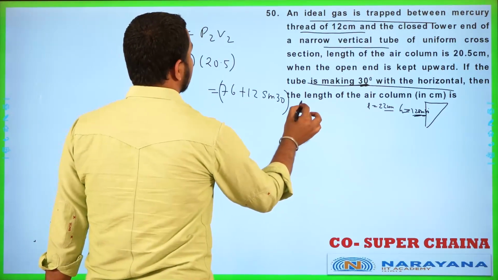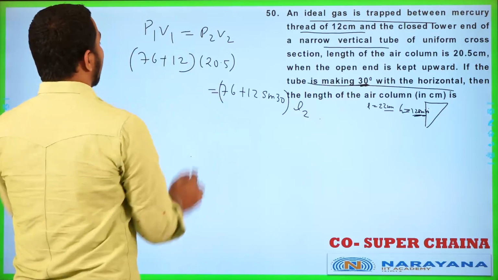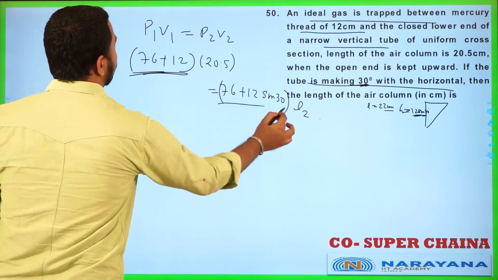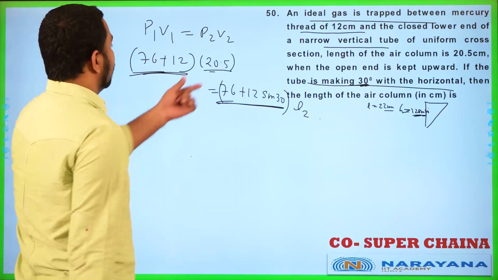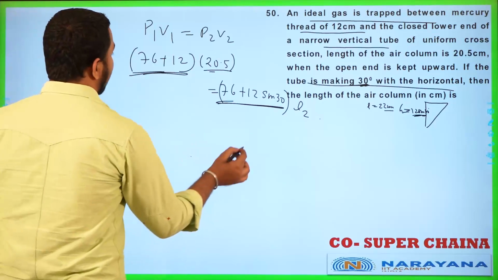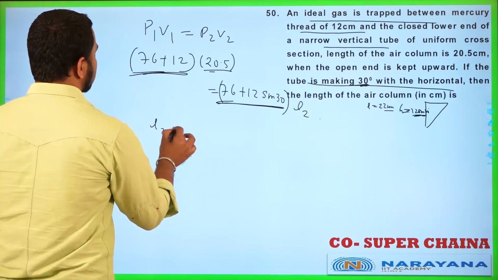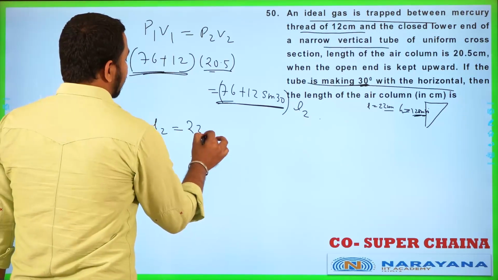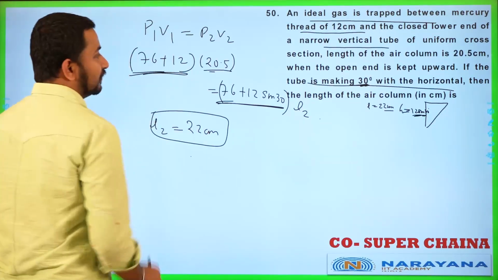This L2 we have to calculate. We have just equated the two: this is P1, this is P2, and the L1 and L2 ratio we can equate from there. If you simplify it for L2, L2 will come as 22 centimeters, and that will be the answer of this question.